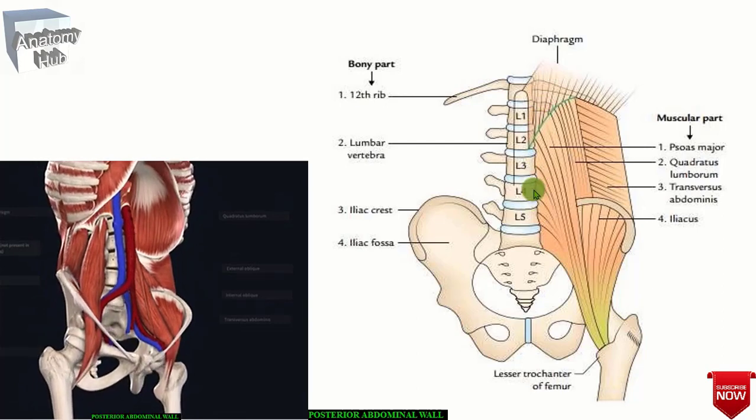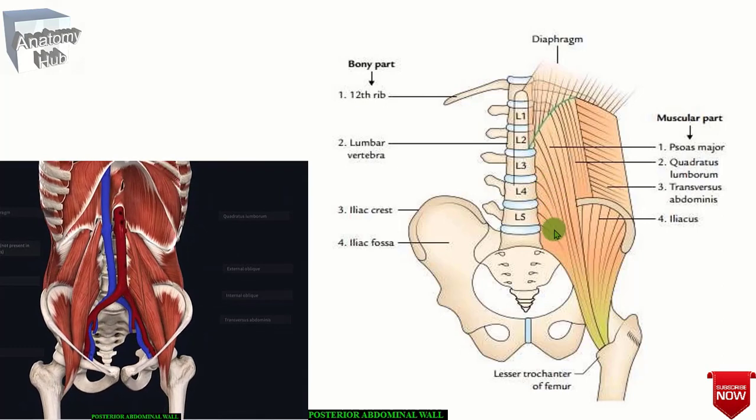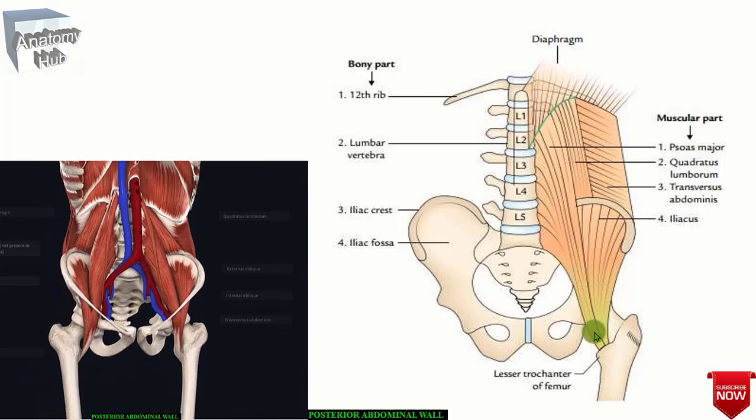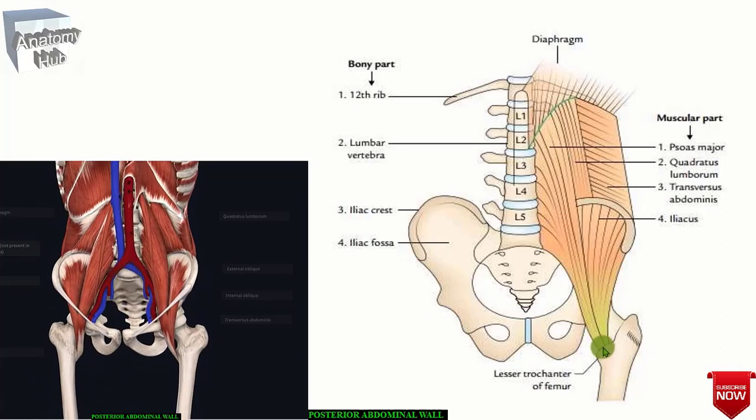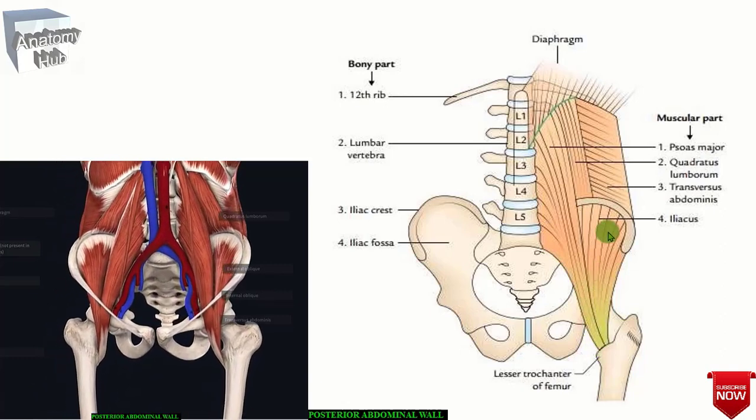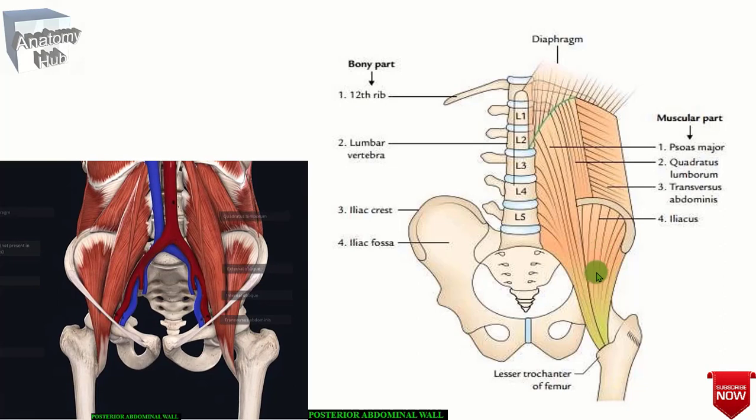Its insertion: this muscle has a wide origin and comes downward, and it gets inserted at the lesser trochanter of the femur via the iliopsoas muscle's tendon. The function of this muscle: acting from above, it is the chief flexor of the thigh at the hip joint.